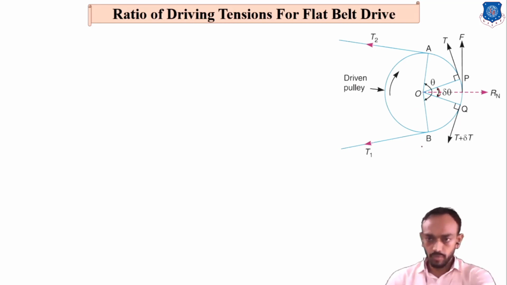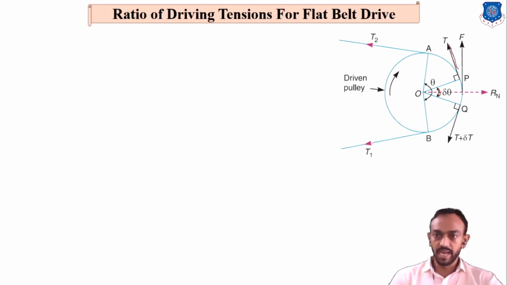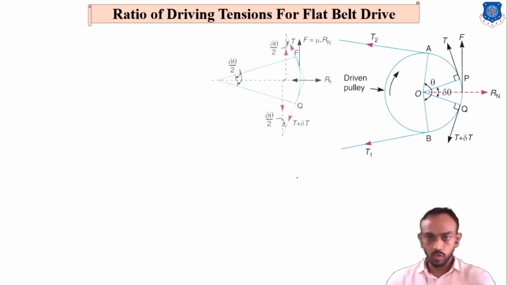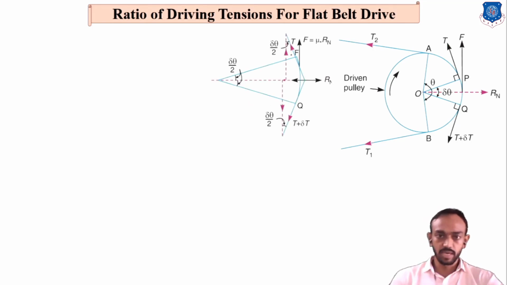We want the components of this tension T and T plus delta T, so we need the relation of this angle. In this figure, the total angle is d theta. It is divided by 2, so there are two angles of d theta by 2, and the same angle is obtained here.